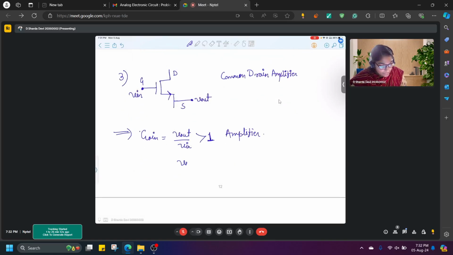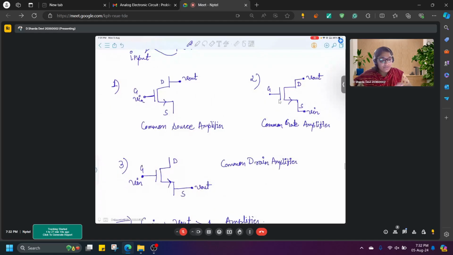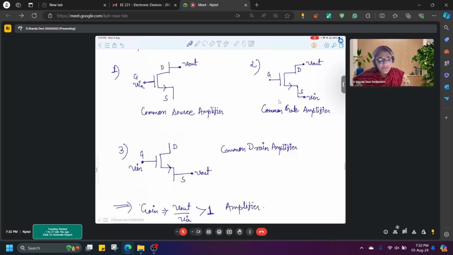But if V out by V in is less than 1, that means your output comes out to be less than 1, then it is an attenuator. Clear? So now we understood that there are three configurations, three types of amplifiers possible using this single MOSFET, depending on where you provide the input and where you take the output from.